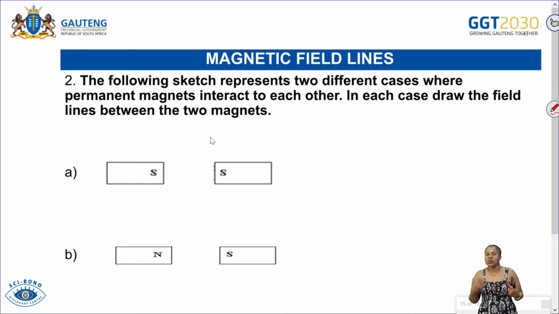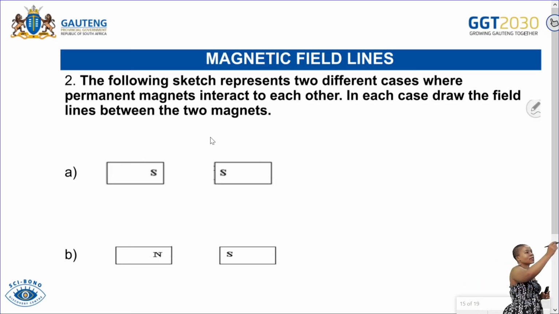In this case they've given us a south to south pole. So because they are pushing, the magnetic field lines are pushing each piece of magnet on the opposite poles, so it's going to be represented like this.